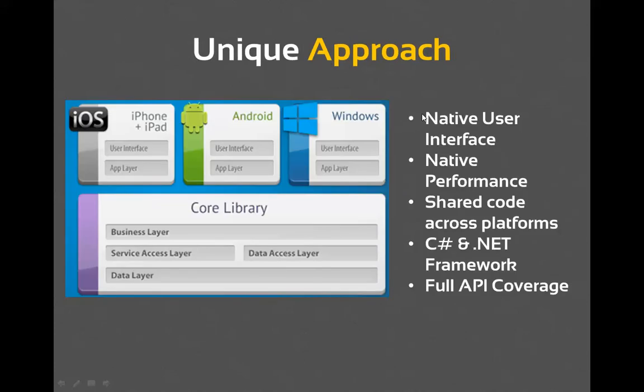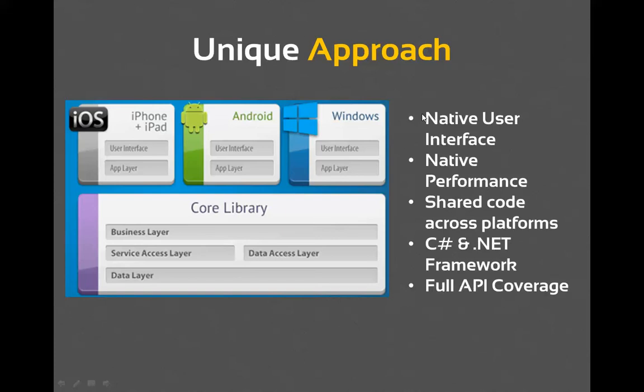So here's Xamarin's unique approach. Basically just kind of showing that we have one core library, and we're able to put the majority of our business logic, any services we need to access, any data repositories or anything like that, all in one library, and then we're able to share it to each platform. And that's the cool thing about it.